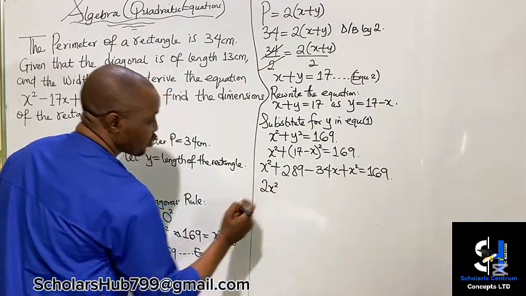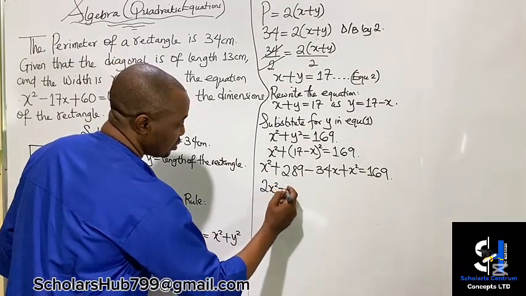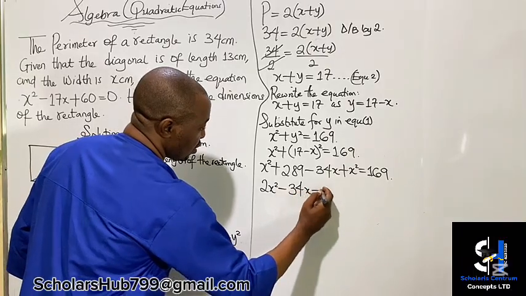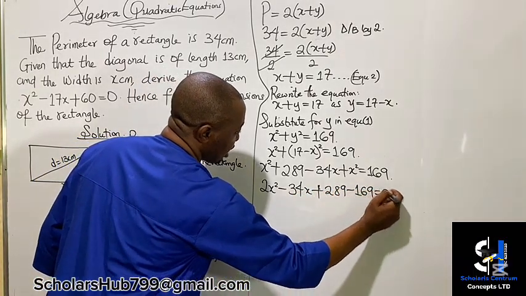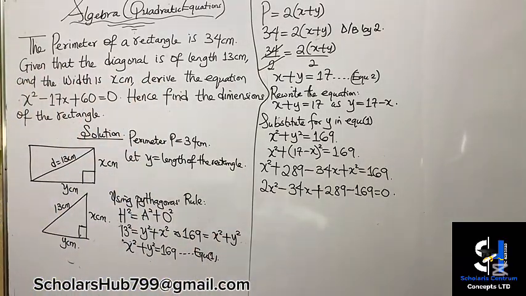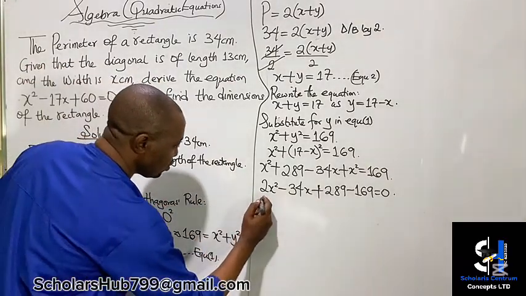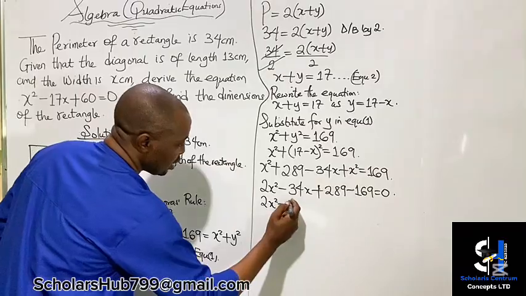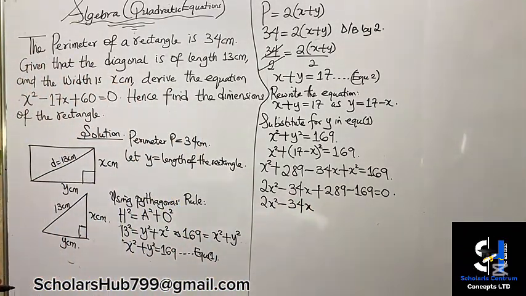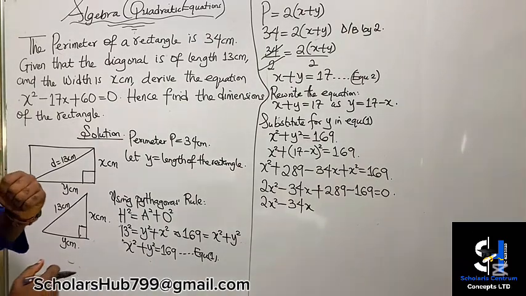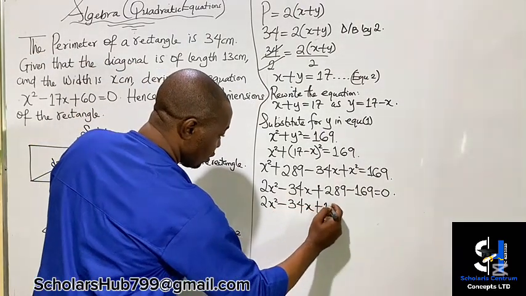This will be 2x squared, then we have negative 34x plus 289 minus 169 equals 0. 289 minus 169, that will be 120.